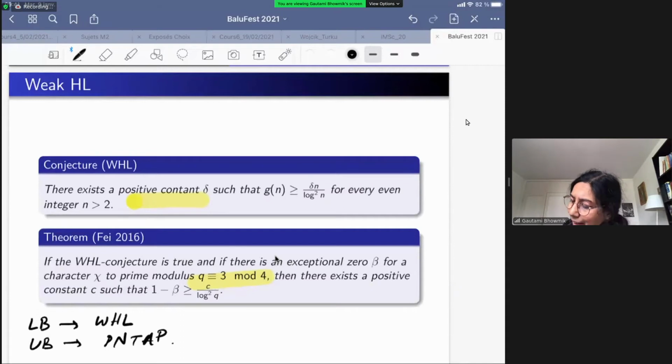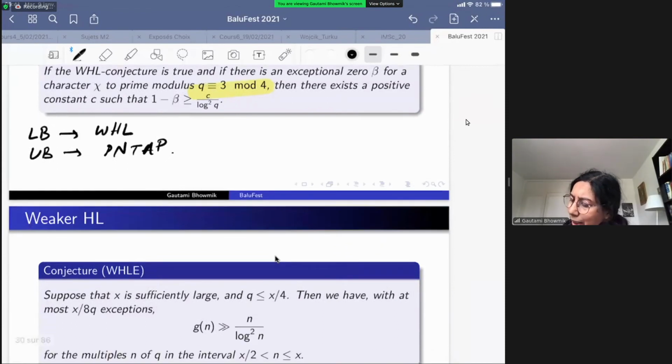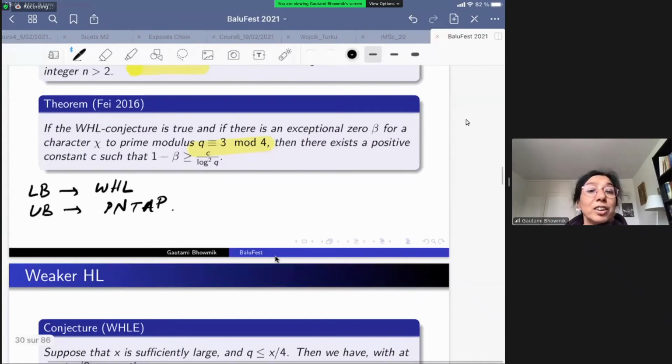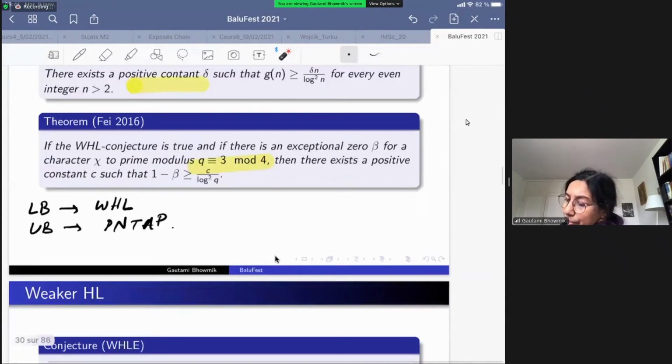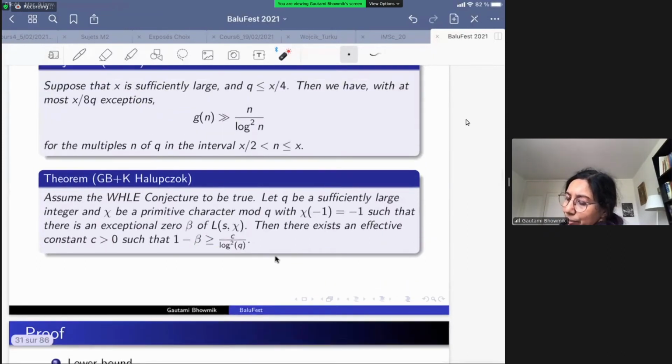And we can make this weaker, and we can include some other conditions more than this q congruent to 3 mod 4. As a special case, it should give phi's result.